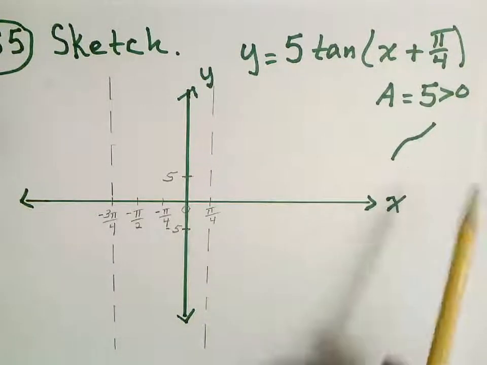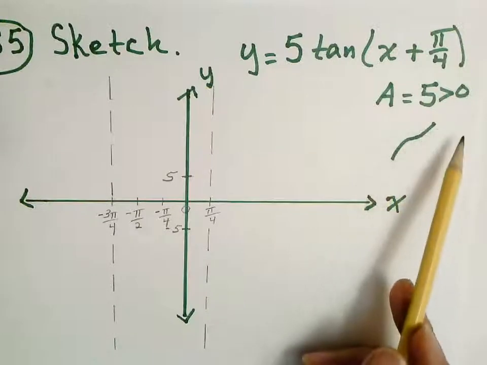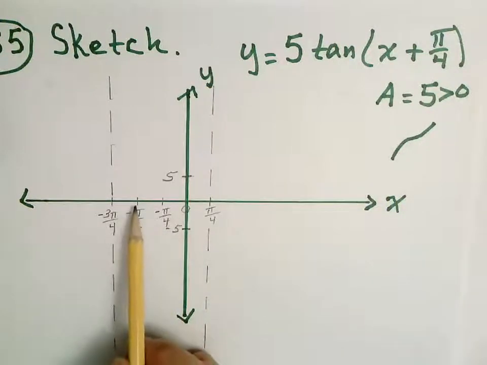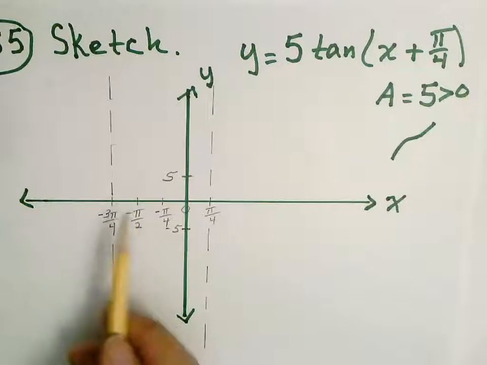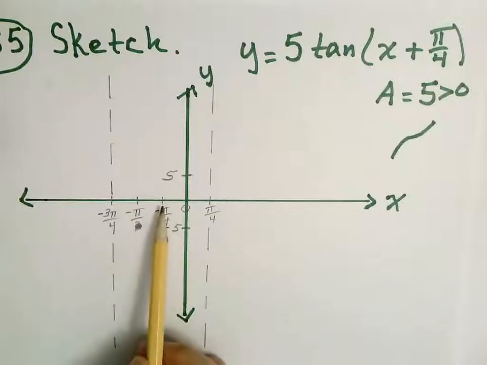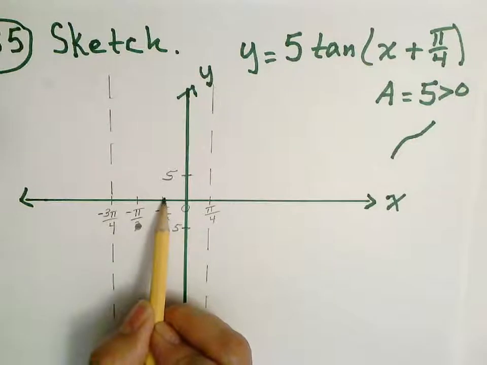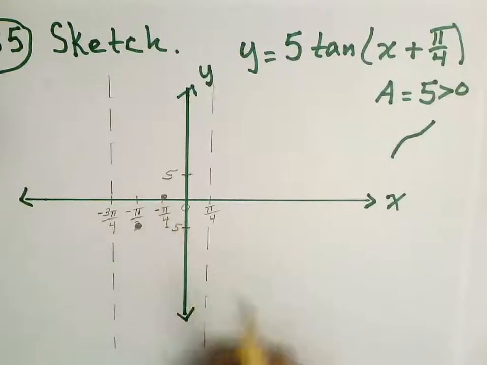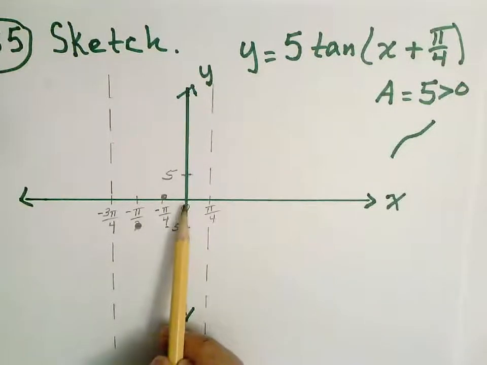Now, since our tangent curve is increasing as we move from left to right, at the second critical number, we're going to go down to our A. You see, we're using the A to get other points on the tangent curve. The middle critical number, we're going to always have a point on the horizontal axis. And then here is our fourth critical number.